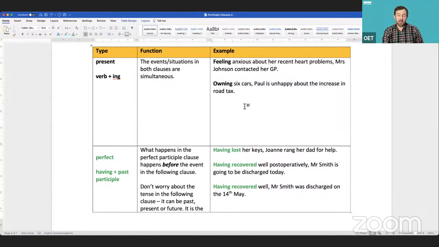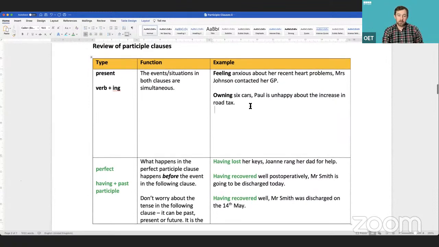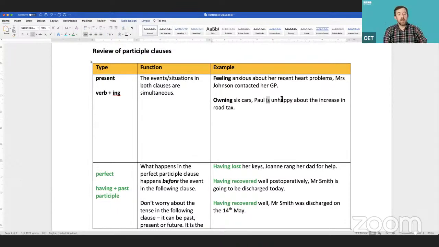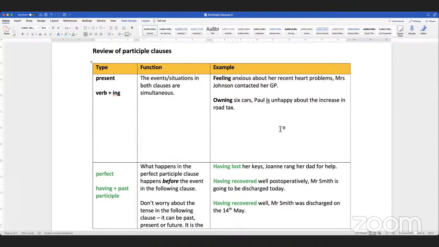How do I know it's all in the present? Is. Yes. How do I know that the first one was in the past? Because it happened before the present, but they are true at the same time. How do I know that this one is in the past? Contacted.